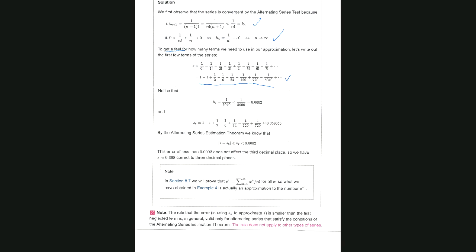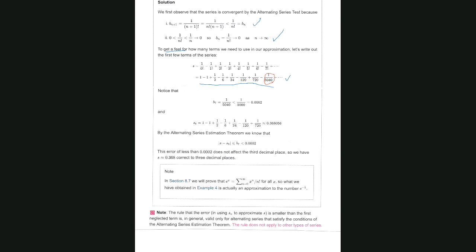They say, notice that b sub 7, which is 1,501 over 5,040, is, well, they're being a little bit mathematically beautiful about it, you might say.